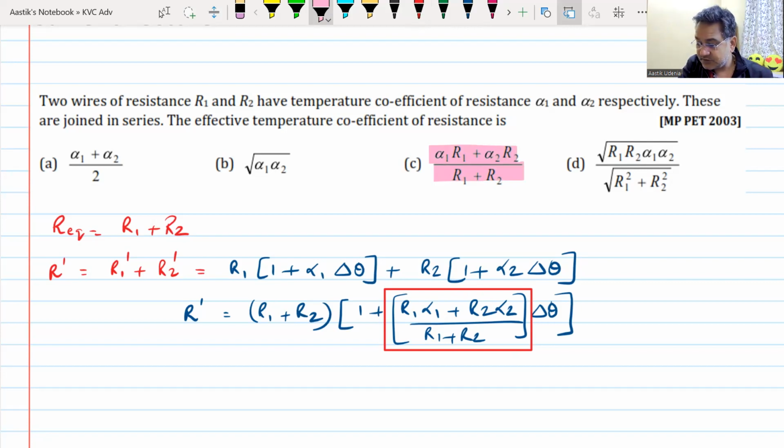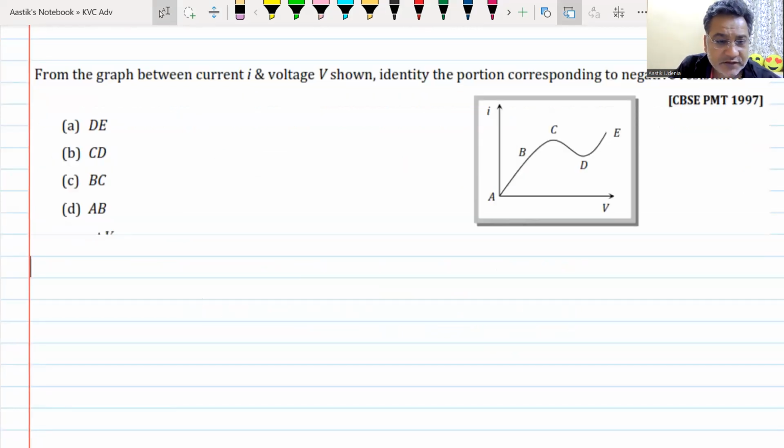With the next question, and the next question that comes is this one. From the graph between current and voltage shown, identify the portion corresponding to negative resistance. Where will you have negative resistance?